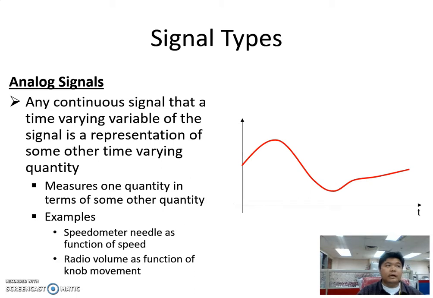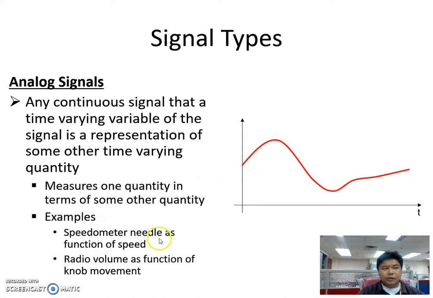The signal either comes in as an analog signal or a digital signal. Here we have the analog signal. Any continuous signal that is time varying, where the signal is a representation of some other time varying quantity, meaning a signal that changes over time, is called an analog signal.